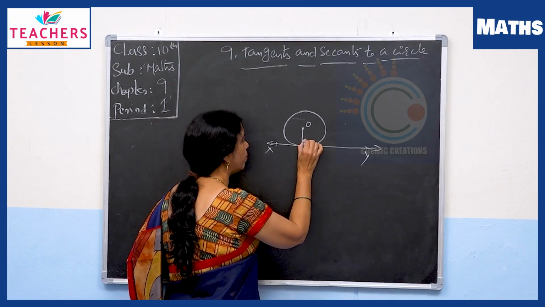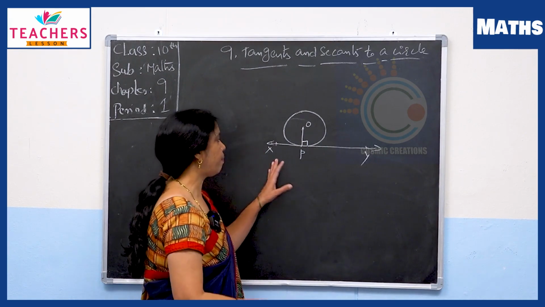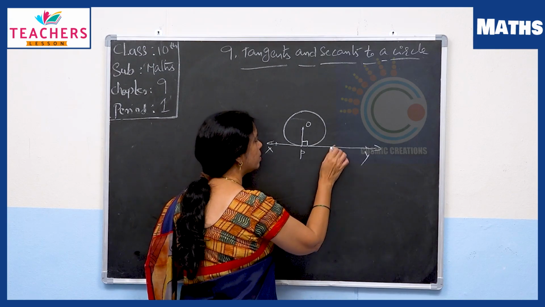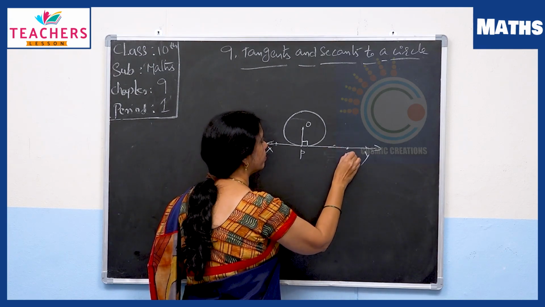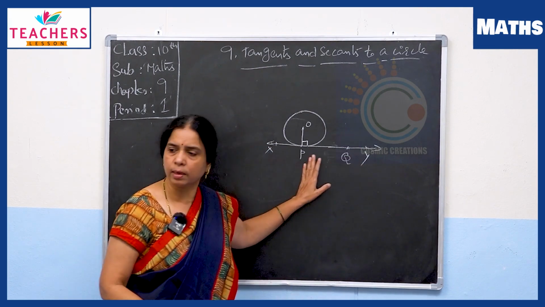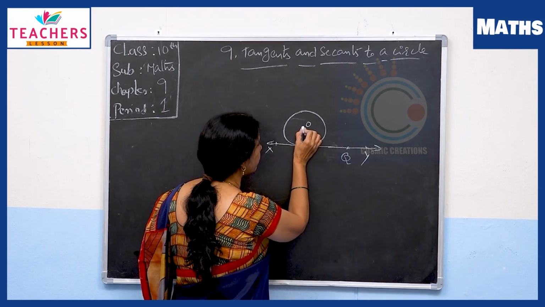How will we see this? Suppose I take any point Q on the tangent and join OQ.